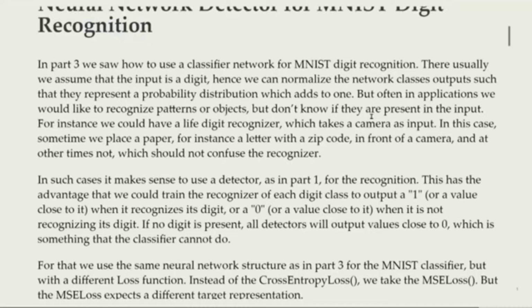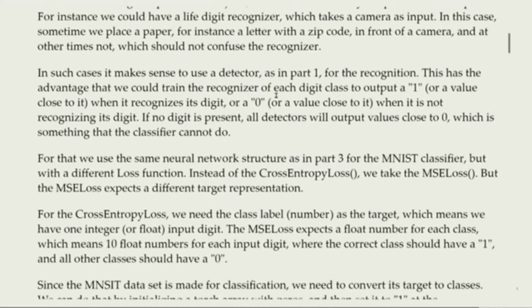For that, we are going to use the same neural network structure as in part 3 for the MNIST classifier, but with a different loss function. Instead of the cross entropy loss, we will use the mean squared error loss. But we need to take into account that the mean squared error loss expects a different target representation.